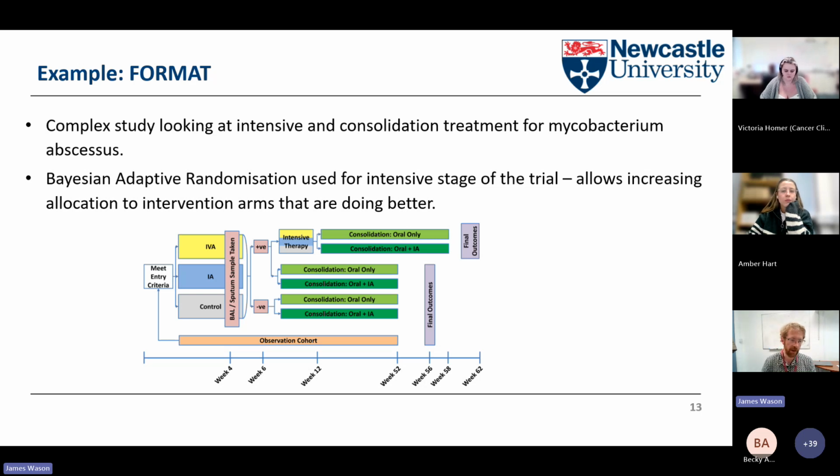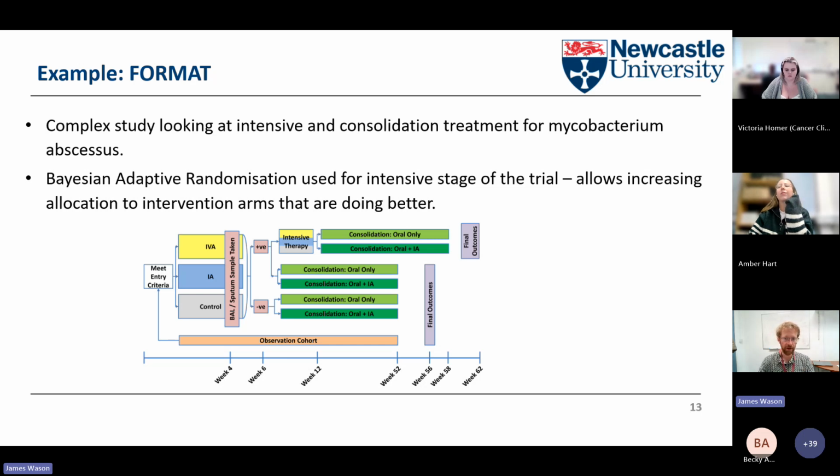And at that point in the trial, participants are randomized between different treatment combinations that are available. We start the trial with 3 different treatments that are possible that people are randomized between. But the idea of an adaptive design in this case is we're using something called Bayesian adaptive randomization.